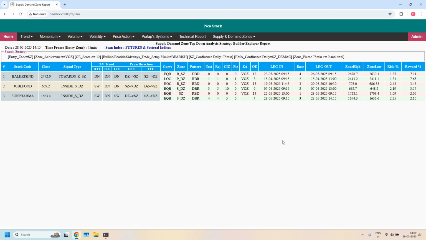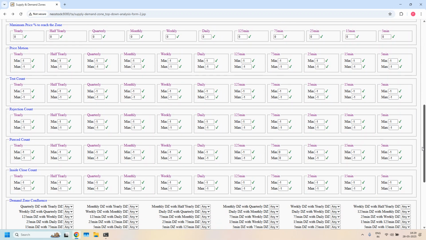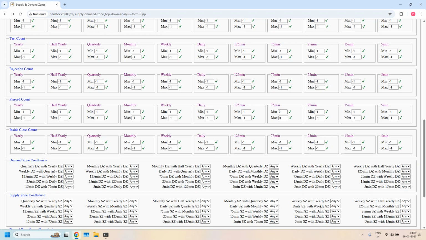Okay, next we will look into LTF, ITF and HTF supply zone confluence supported stocks. In the supply zone confluence, we have to set 3 filters. The first one is already enabled. 75 with weekly, daily with weekly supply zone confluence.